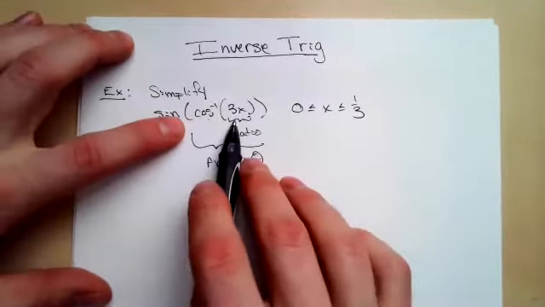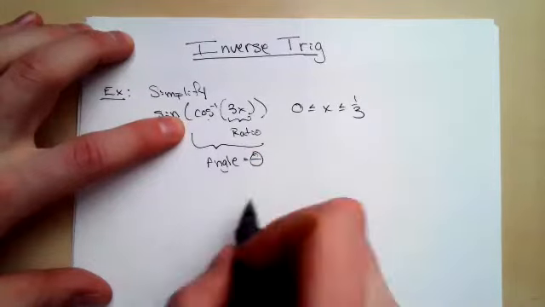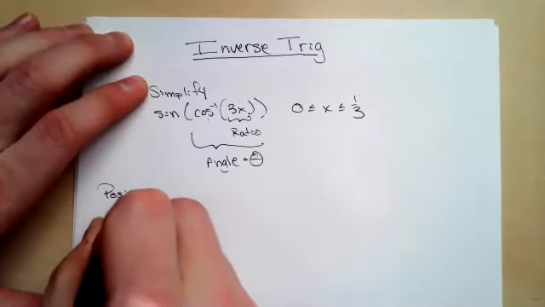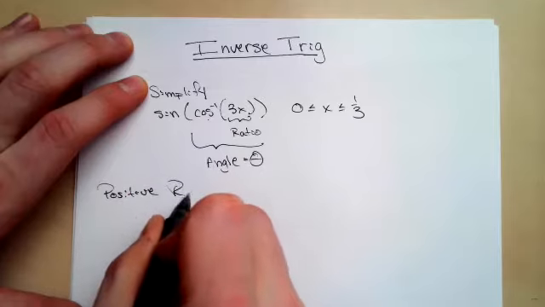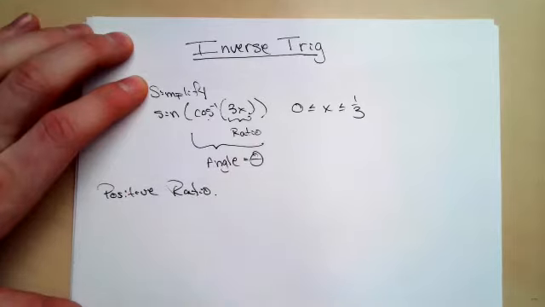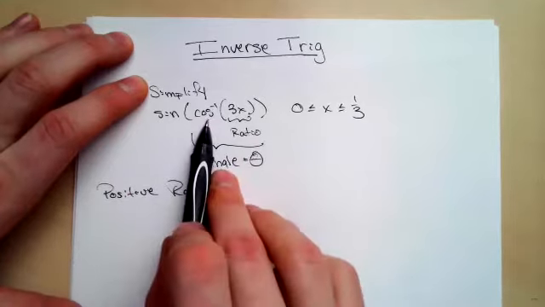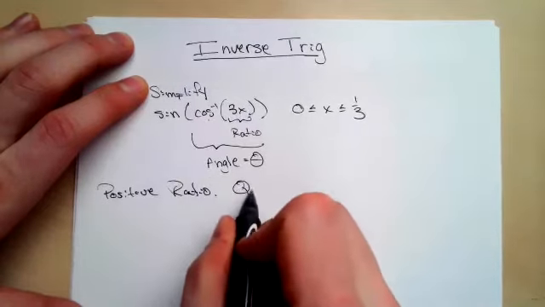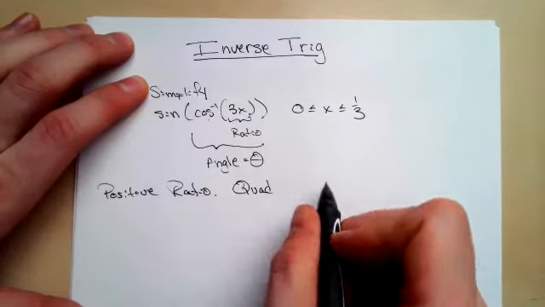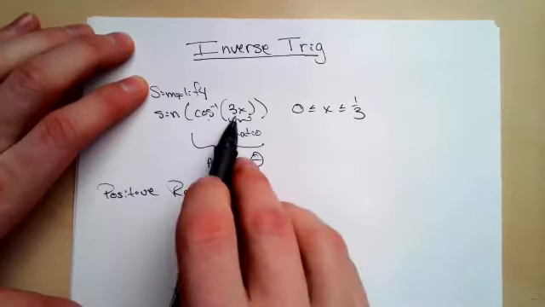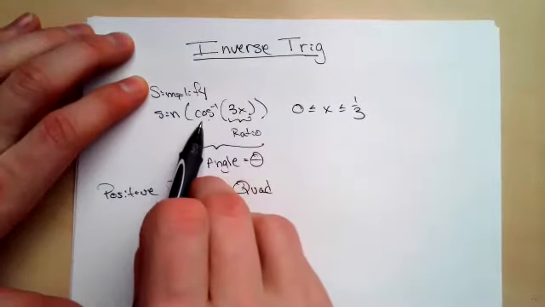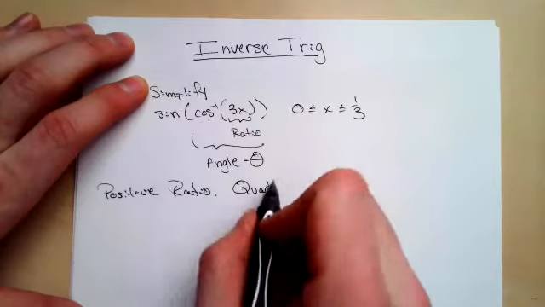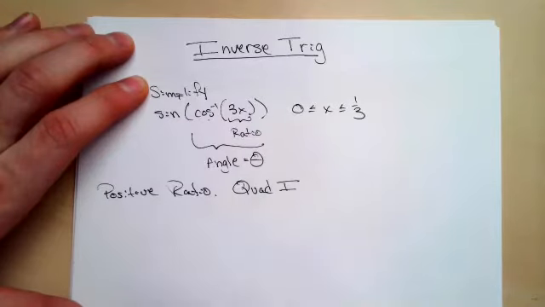It tells us that the ratio is positive, and we're using arc cosine, so quadrant 1. And actually, if the ratio that we are inputting into an inverse trig function is positive, it's always quadrant 1.